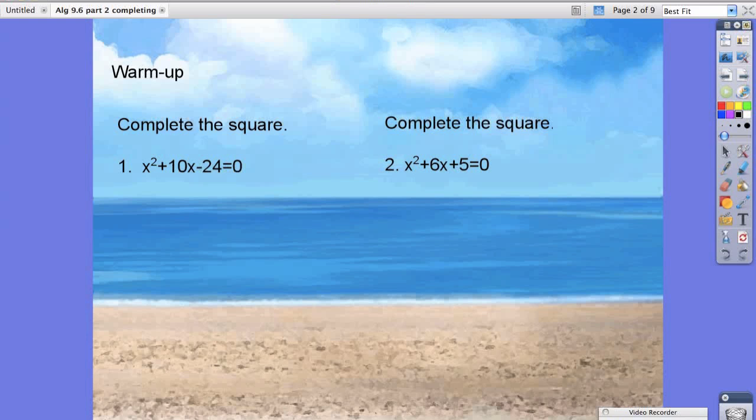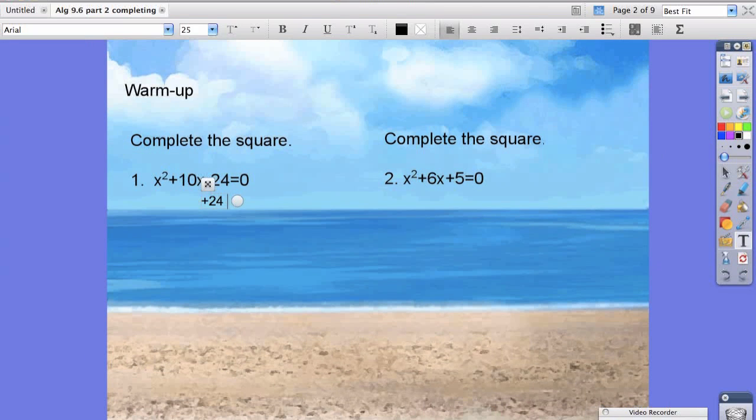So for number 1, in order for us to complete the square, step 1 was to add 24 to both sides so that we can add the constant to the other side of the equal sign. Step 2, after we do a cleanup step, is to take the linear term, which in this case is 10. Divide by 2, which is 5.